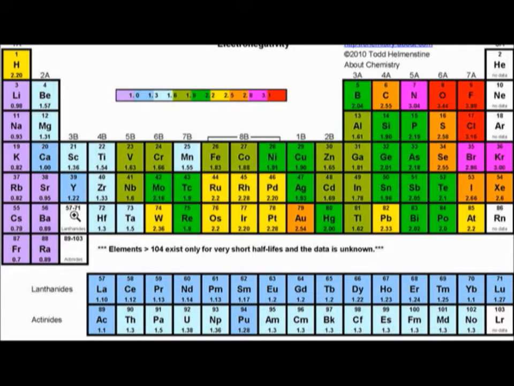And then it works its way up to the uppermost corner on the right of the periodic table, to fluorine. So that's one easy way of having a good idea of what the electronegativity trend is on the periodic table.